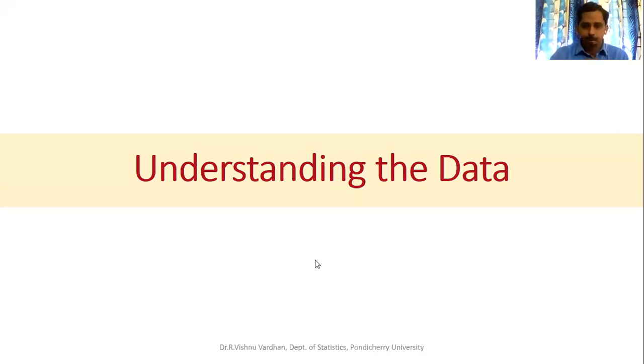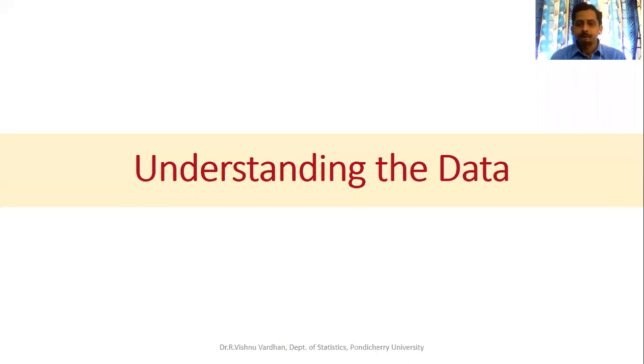Now, confining this discussion to R, what sort of statistical learning do we need to have in order to tackle the data? Data is very precise. Data is very important because it will support you to meet your objectives at the end of the reporting.